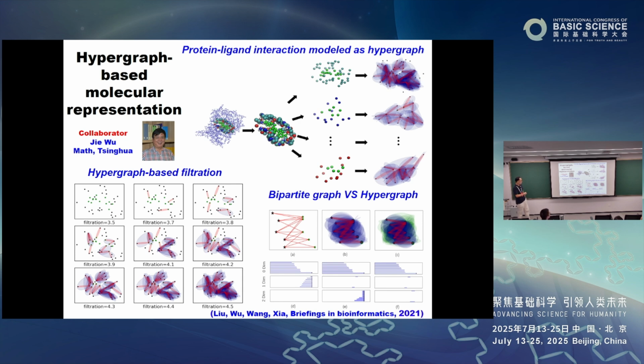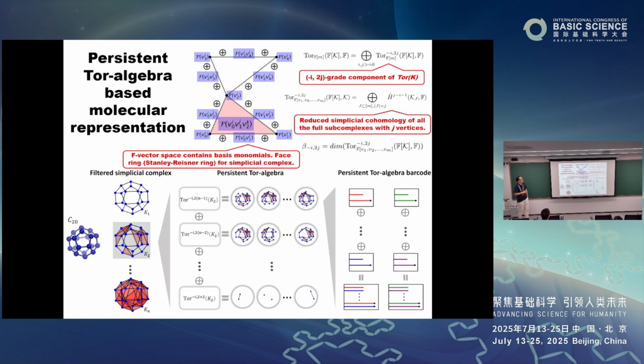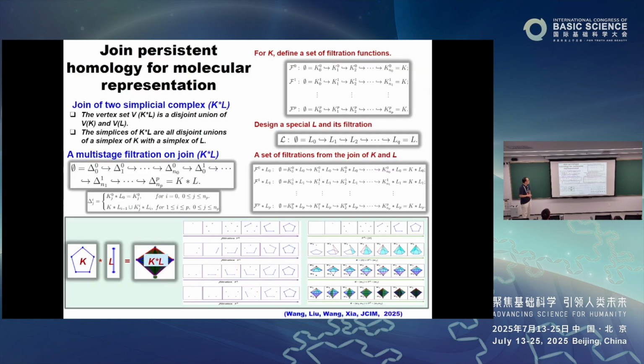From that, we have the embedded persistent homology specifically designed for hypergraphs, and this has been shown to work very well in this kind of interaction analysis. So this is one thing. Another model we defined recently is called joint persistent homology. Again, it's a similar idea.